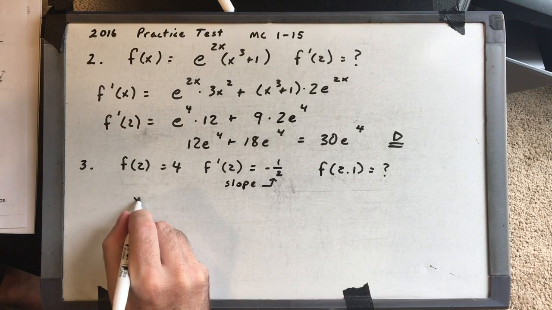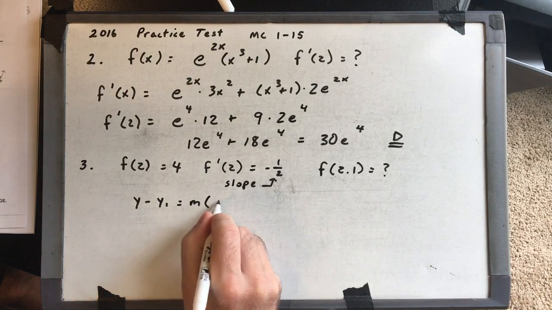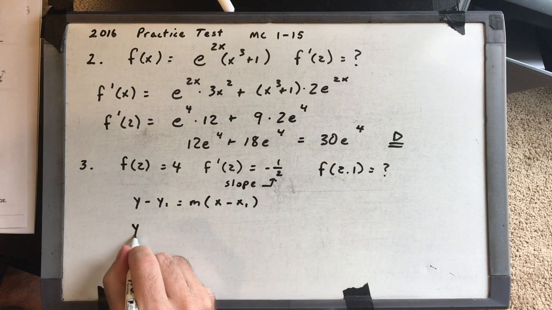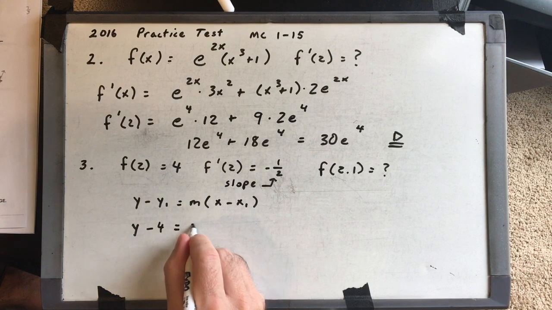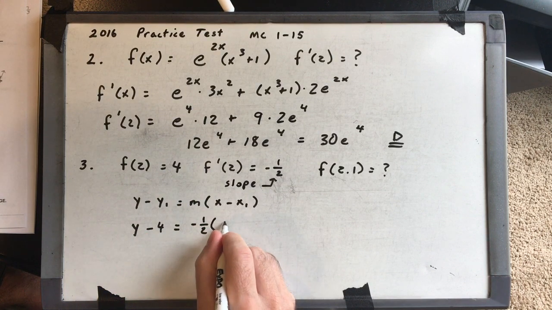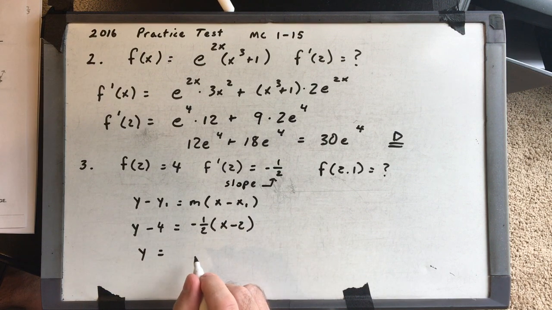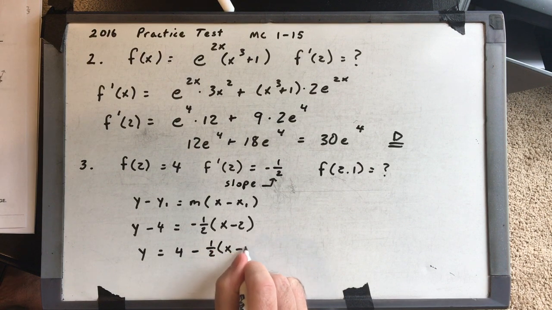We have y minus y1 is equal to the slope times x minus x1. So that would be plugging in the point (2, 4), y minus 4 is equal to -1/2 times x minus 2. So y is equal to 4 minus 1/2 times x minus 2.